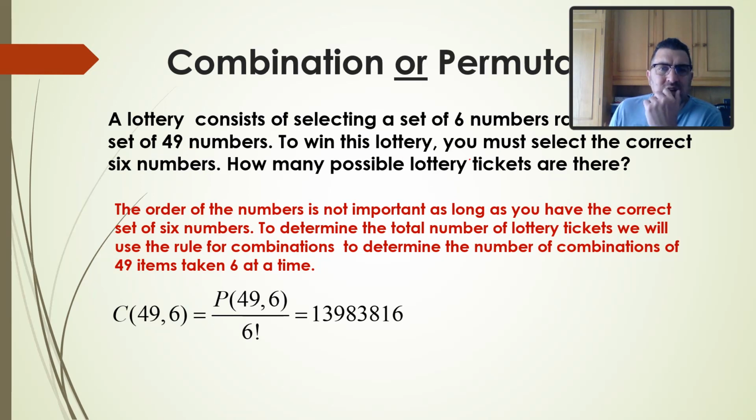How many possible lottery tickets are there? Now, folks, please, it is a selection, so it's a combination. Selections are combinations. Arrangements are permutations. Okay, selections, S and C. Selection is a combination.